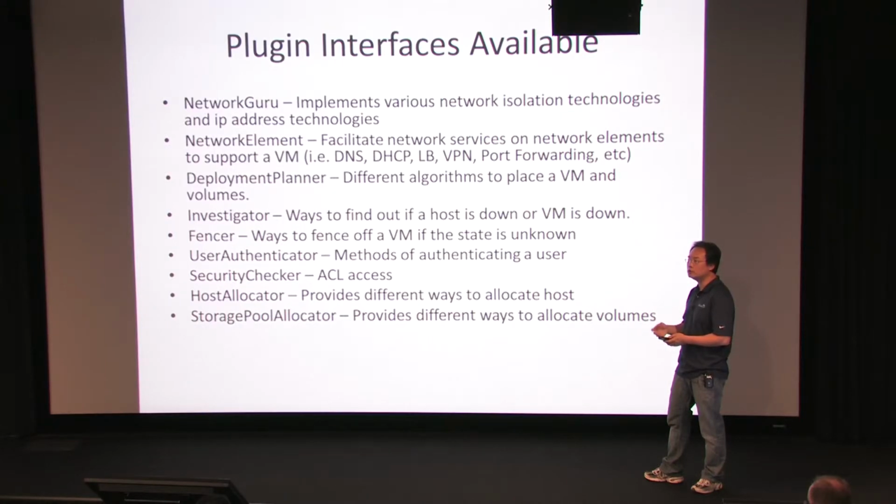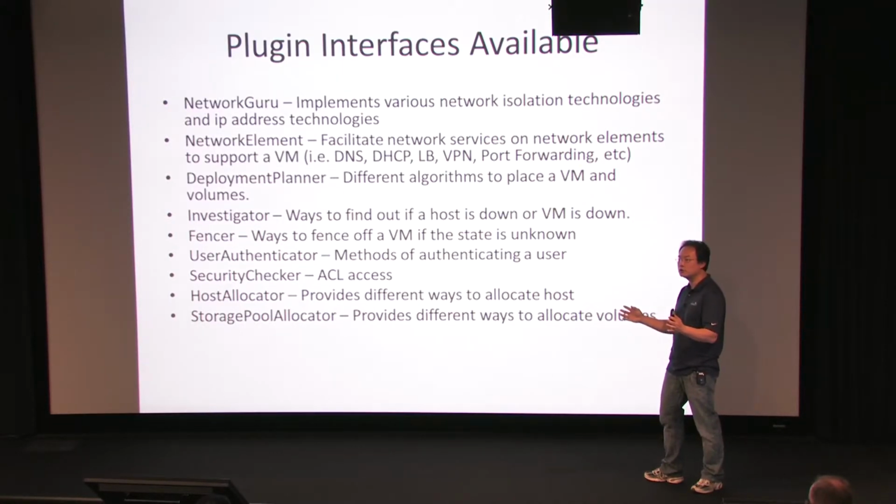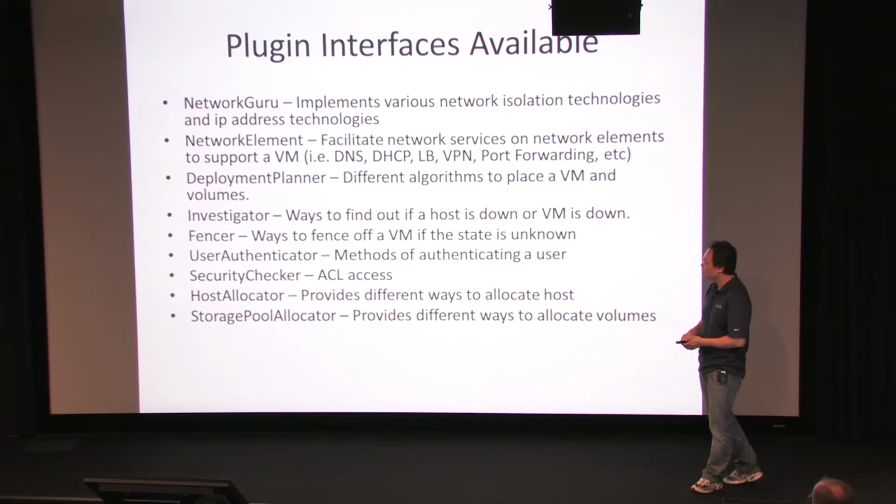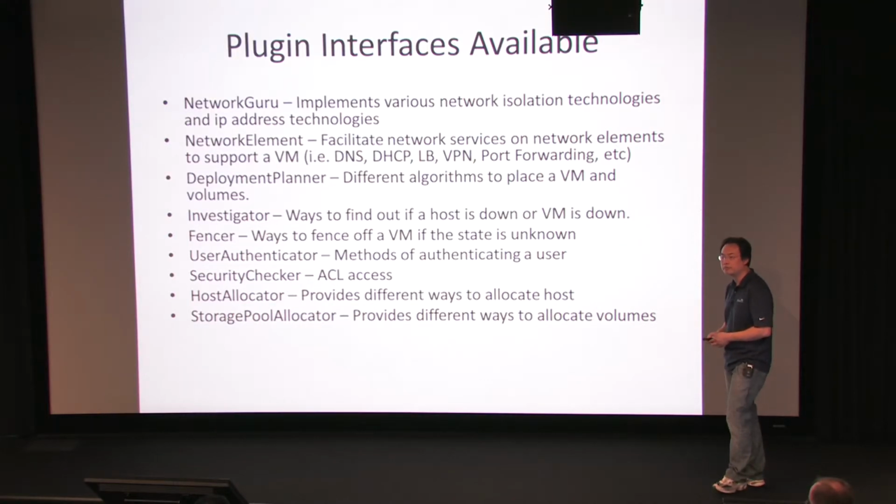Deployment planner gives you, according to the heuristics, which set of clusters you want to deploy to, and from there we go through each host allocator and say, for this cluster, pick me a host. And same thing with the storage pool allocators. So host allocator is cluster specific then? Host allocator is only going to make decisions once a cluster has been selected by the deployment planner. That's right.